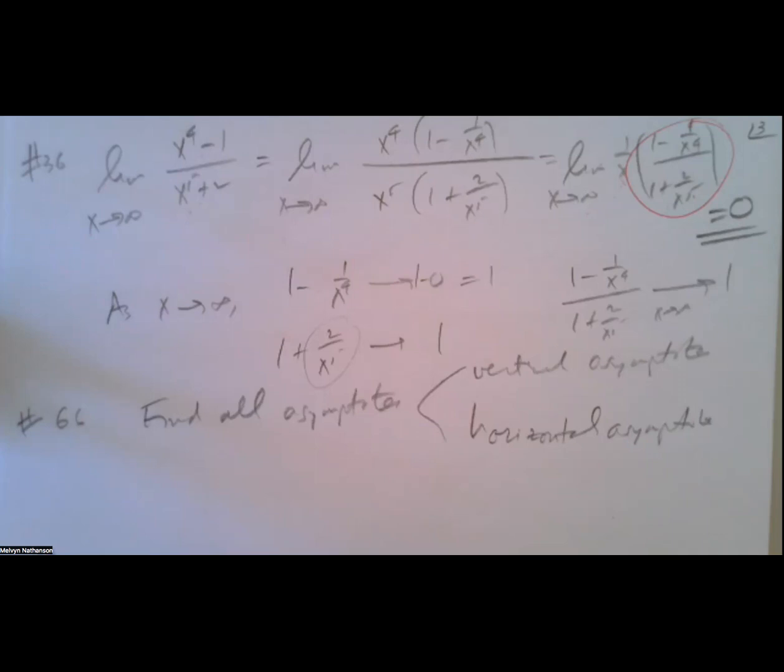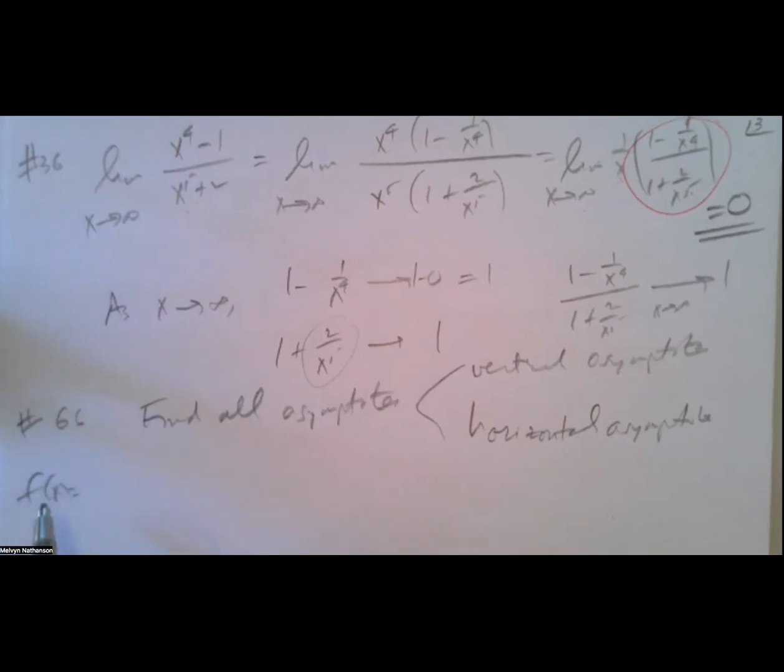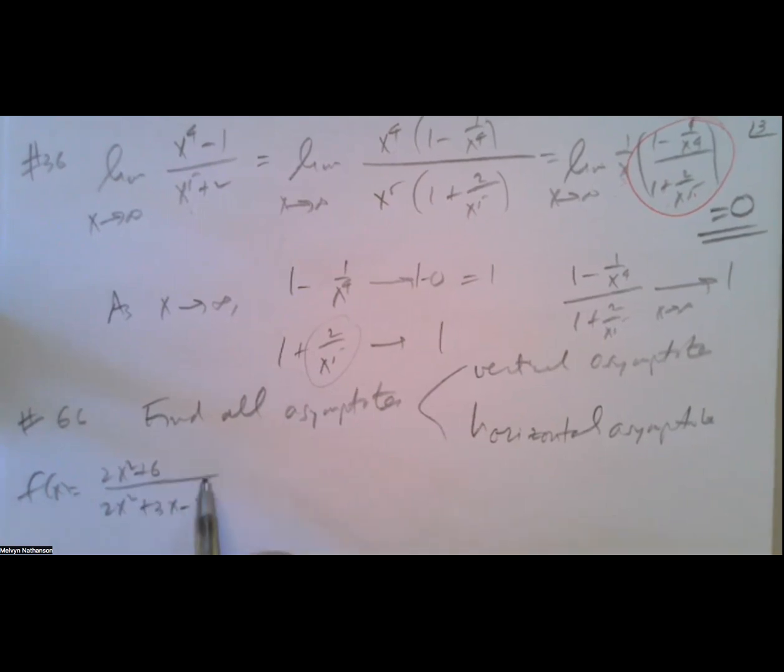So in number 66, we're looking at the function f of x equals 2x squared plus 6 over 2x squared plus 3x minus 2.